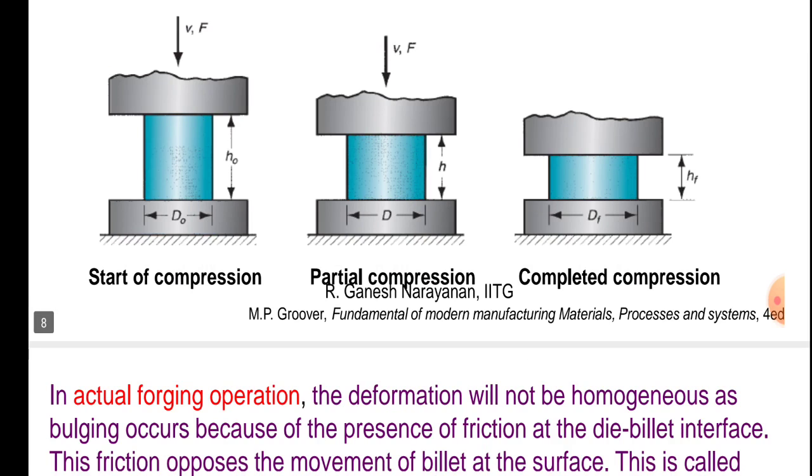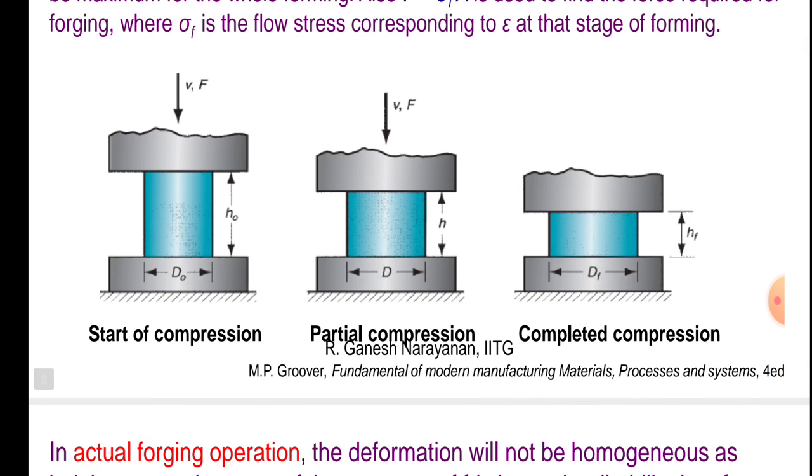We will see now the start of compression. In the start of compression, the two dies are given with height H0 and the workpiece is given with the diameter D0, and the force is given by F with velocity V. In the second diagram, we will see partial compression, in which height is H and diameter is D of the workpiece.